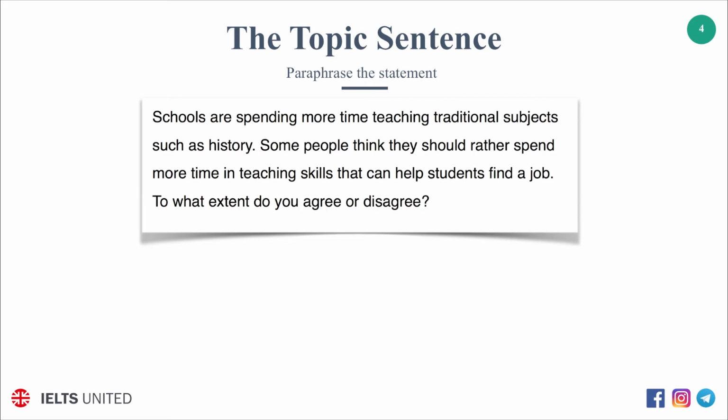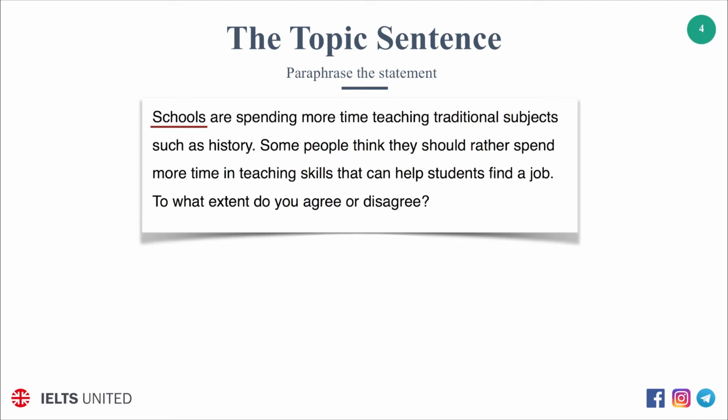So we have to look at our two statements, and we have to write them again, but using different words. So let's start. In the first sentence, they talk about schools. So think of synonyms for school. You might think of similar words as well, like college or university.